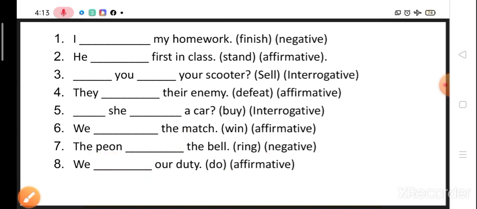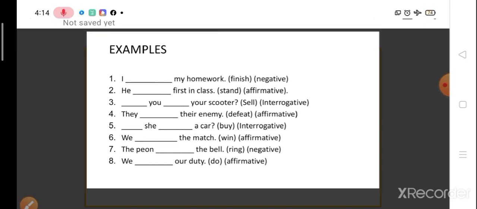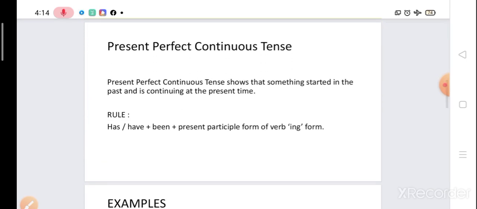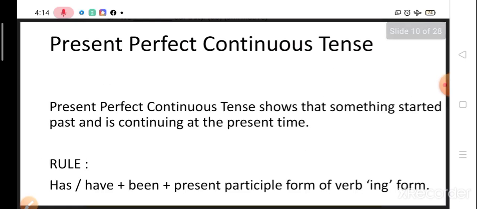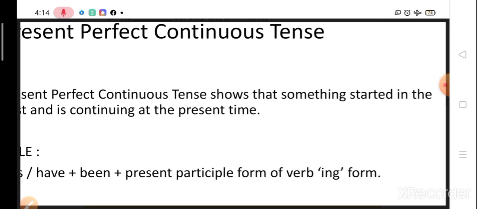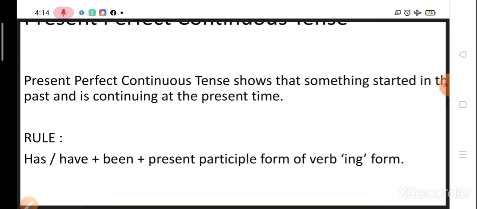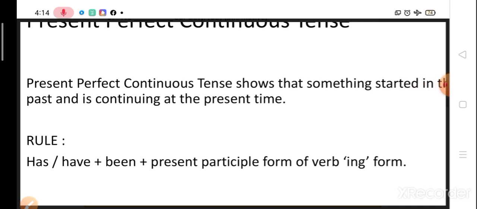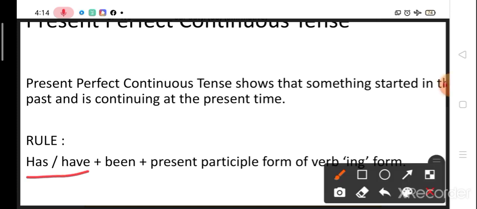Moving ahead to our next type of tense, that is present perfect continuous tense. Now children, present perfect continuous tense shows that something started in the past and is continuing in the present. Now the rule for this is has or have. When to use has and when to use have, that we have seen in the last type.